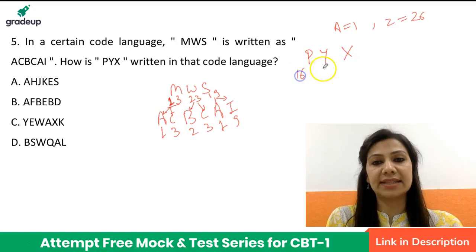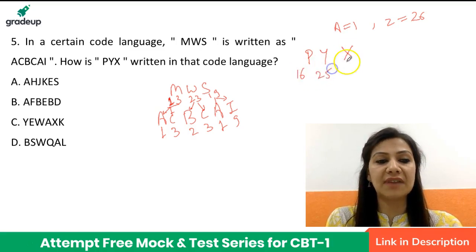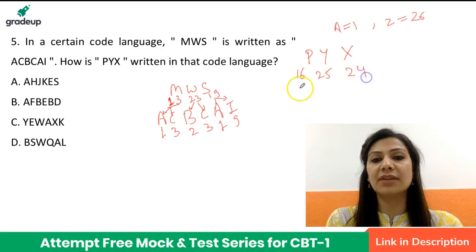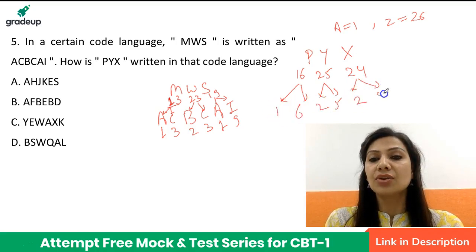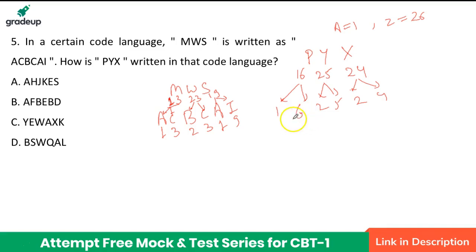PYX, so for P it is 16, for Y it is 25, for X it is 24. When you will divide in 2 parts, I mean you will write this separately, then unit and tens place, it will become 162524. So with respect to the digits, you will write the respective letter.